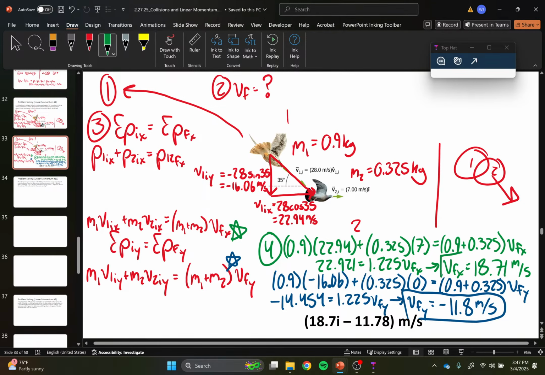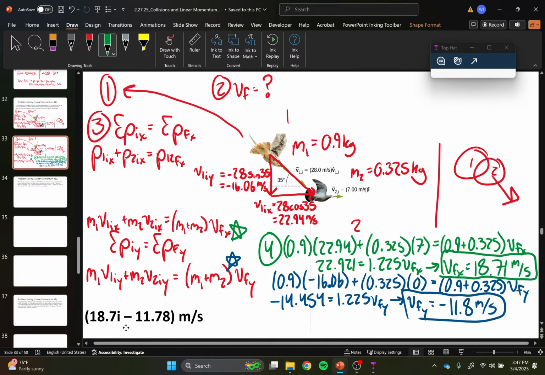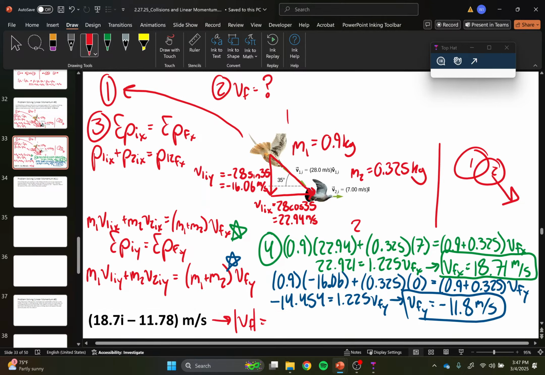The last thing I'll mention to you all. In this problem, the answers are in vector notation, just to make it a little bit easier, one less step. But I do want to make sure you all remember this. I'm not going to actually work out this next part, but I think it's good practice for you all. If I wanted the magnitude of the V final, I'm just going to straight up tell you the answer. That's a good exercise for you all to try on your own.